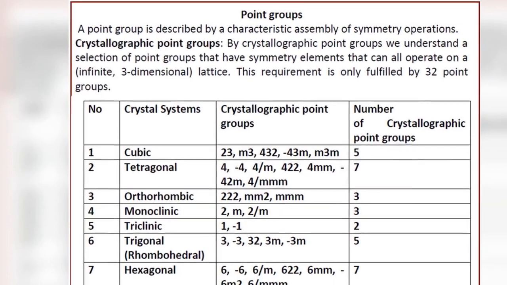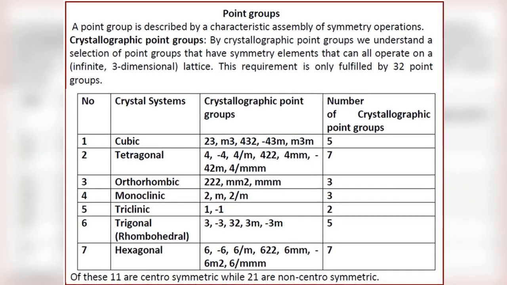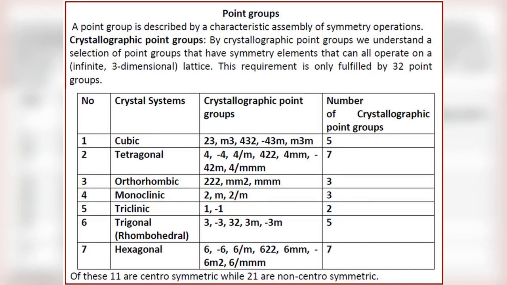Crystallographic point groups. By crystallographic point groups, we understand a selection of point groups that have symmetry elements that can all operate on a lattice, which is infinite and three-dimensional. This requirement is only fulfilled by 32 point groups.